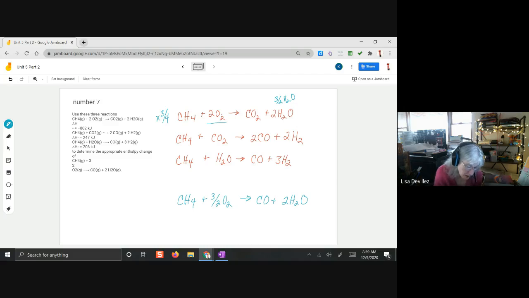Okay, so I need another 1/2 H2O on the product side. So this one, I'm going to flip and multiply by 1/2. All right, and that'll fix my waters. When I add those two together, that'll give me my 2 waters.